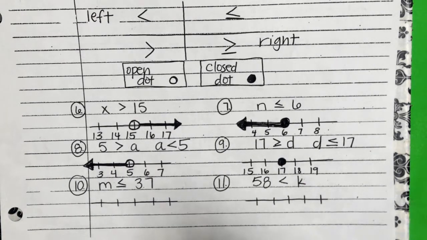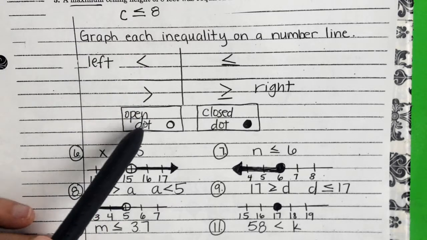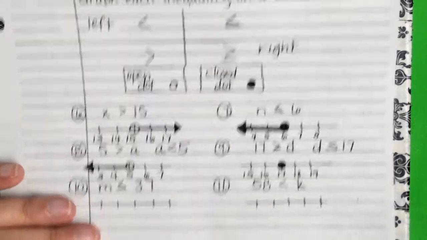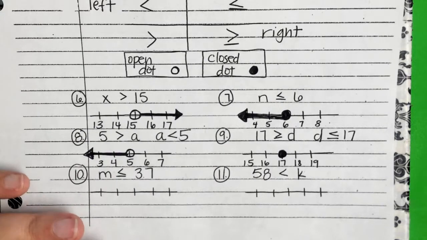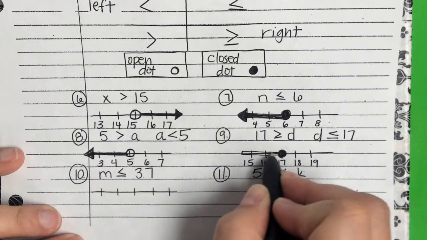It's everything less than 17, but it also includes 17. So if it doesn't have a line underneath, it's open? Yeah. That's why if you look here, no line, open dot, line, closed dot. All right. So which direction do I shade in? Left, because it's everything less than.